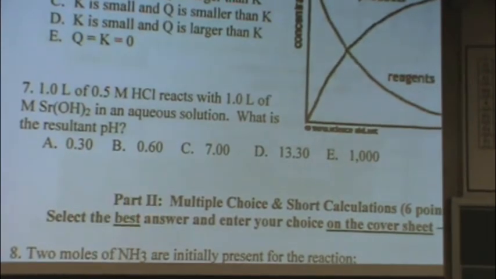Okay, 1 liter, 0.5 moles of that reacts with this. What's the resultant pH? Okay, so let me write this down. I think that'll be a little easier. We've got HCl. It's 1 liter, and this is 0.5 molar, plus strontium hydroxide.